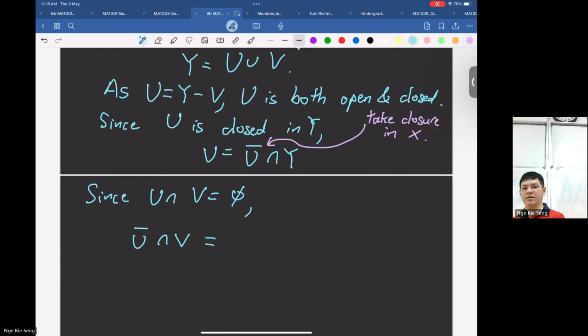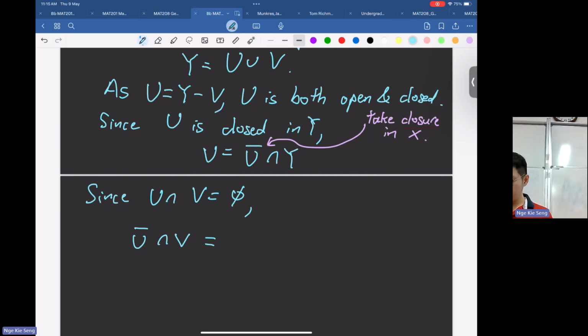Because U bar is equal to U. Oh, that one happens, U equals U bar, when we are in the original space X. But here we talk about U closed in Y, so U is equal to U bar intersect Y. Okay, but what did you know here?